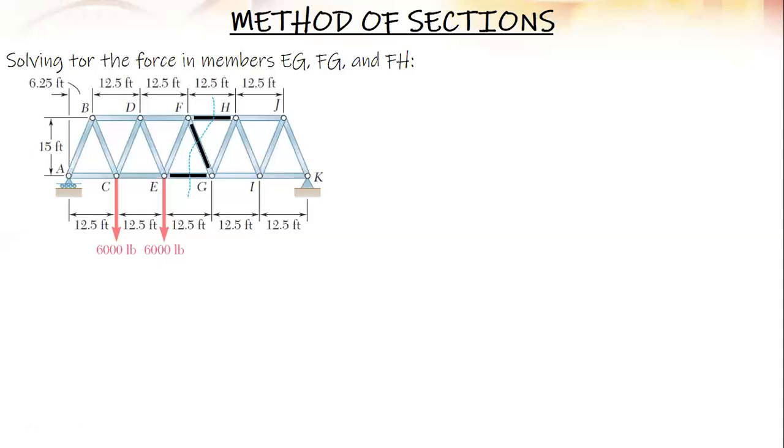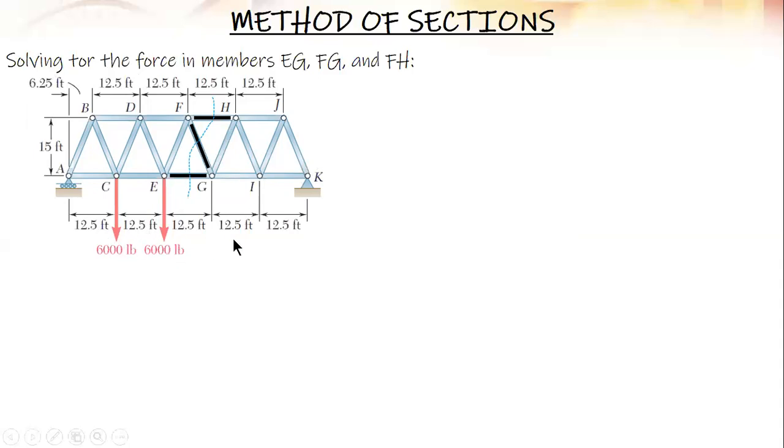So it now depends on you which part you are going to analyze. Okay. So pinaka-convenient actually is ang right side because you only deal with one force, RK lang. Whereas sa left side ka, you have RA and you have the 6,000 pound na forces.